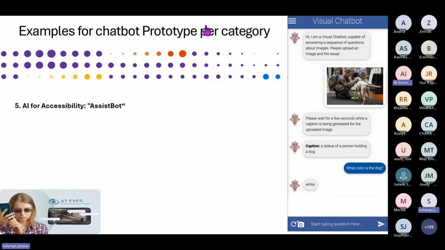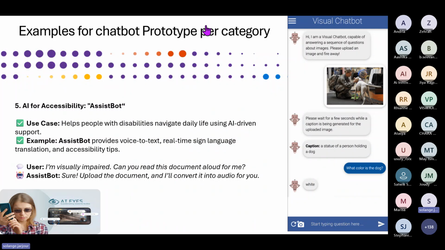It will help us where to go if we are blind, or just a chatbot to talk to. Nice, cool examples. So here, for example, if I have, as you mentioned, a blind or impaired person, they can scan the menu in the restaurant, and the chatbot can read it aloud for them, or they can take a picture and ask to put a caption for it or describe this image, and then it can describe it. They can ask for colors as well, and so on.